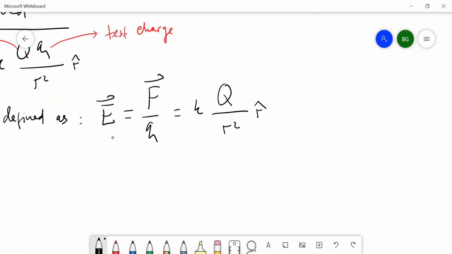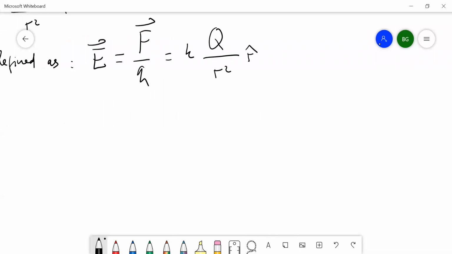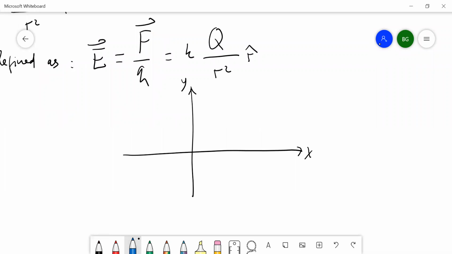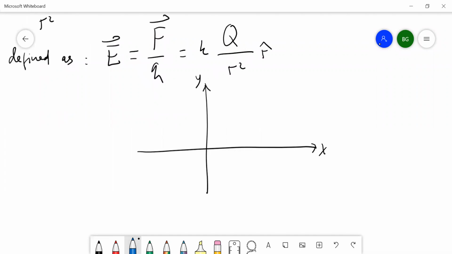So what does it mean? For example, we have this coordinate system. This is the y axis, this is x, and the big Q here lies on the origin.